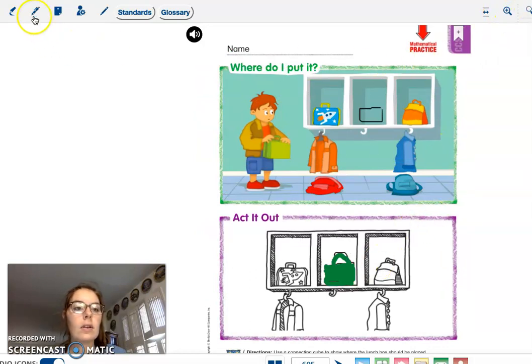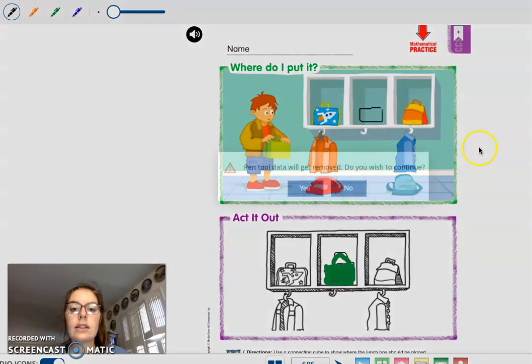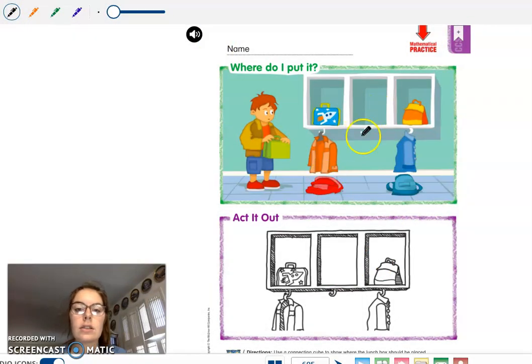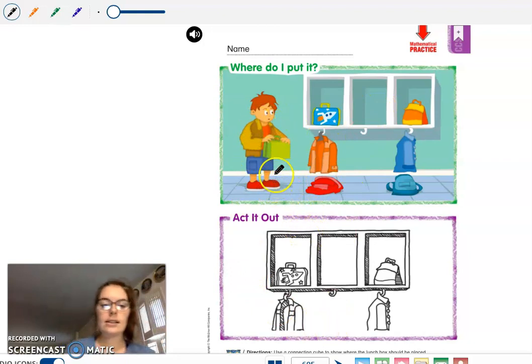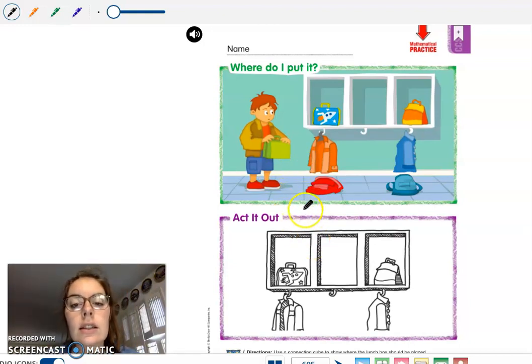I am going to clear this just so we can do it together. Okay, so this friend here has a green lunchbox, and he's wondering where he should put his lunchbox. So let's look. We have jackets, backpacks, and lunchboxes. All of the lunchboxes are up in these cabinets up here, right?